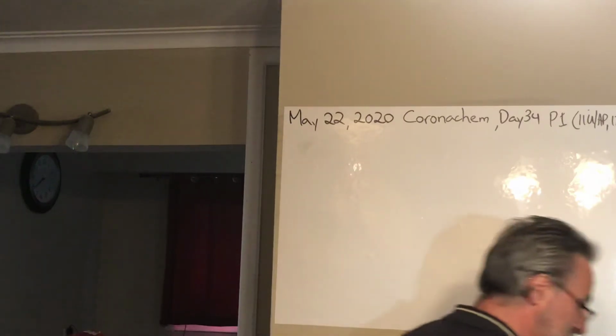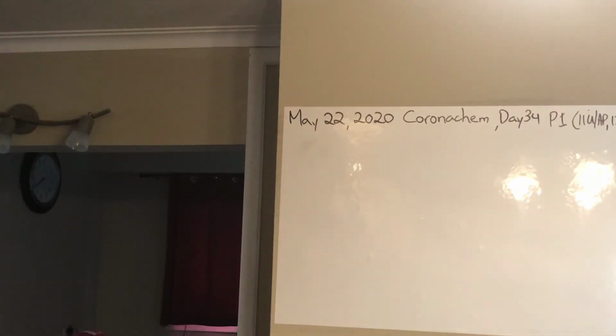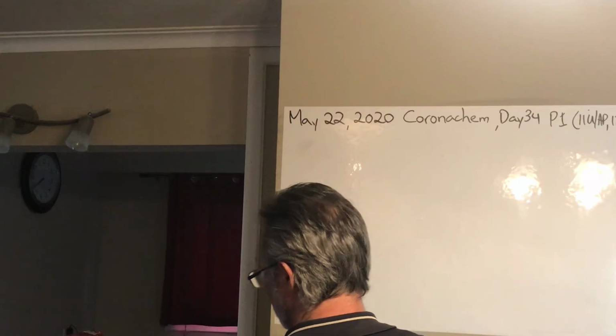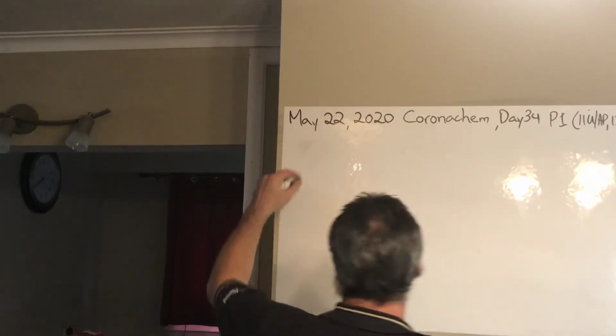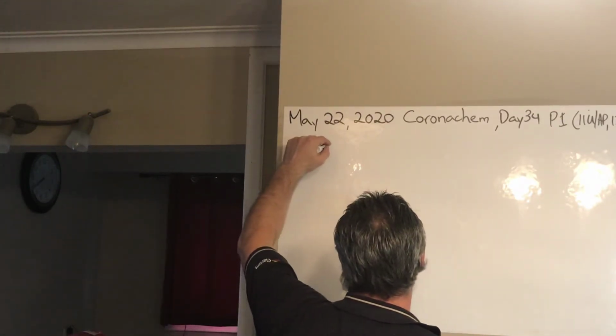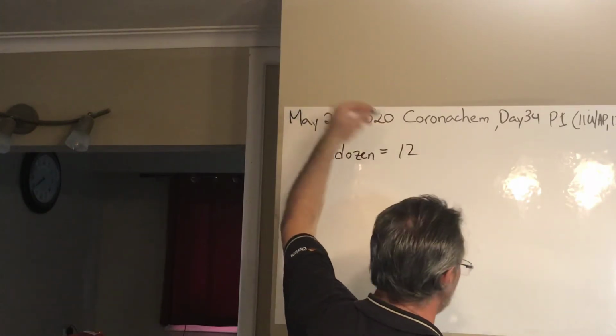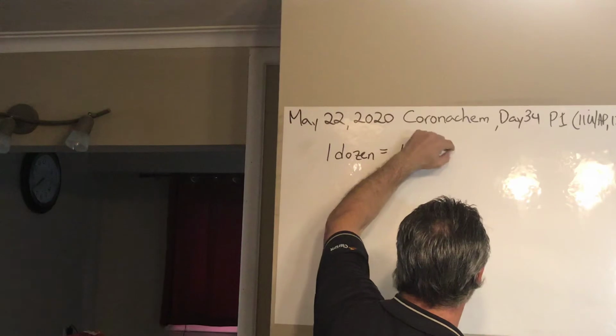Last thing I wanted to do with you today is unit conversions. When you make unit conversions, you have to know which way to write your unit. You know, if you have 1 dozen, let's talk eggs. 1 dozen equals 12 eggs.